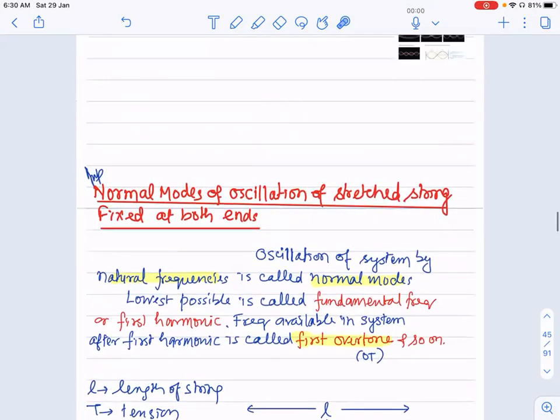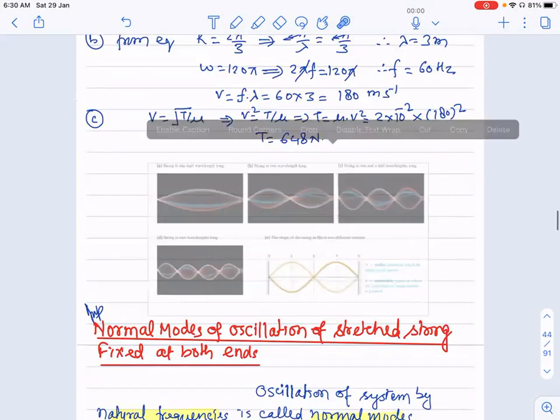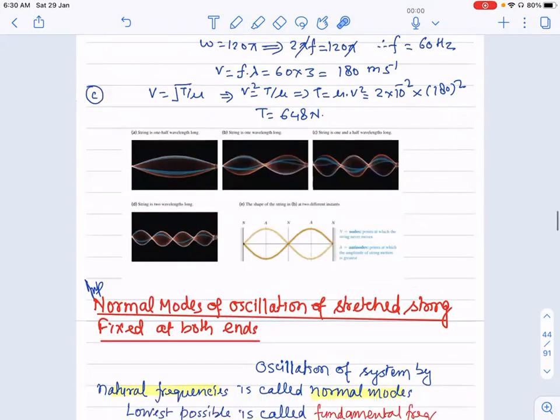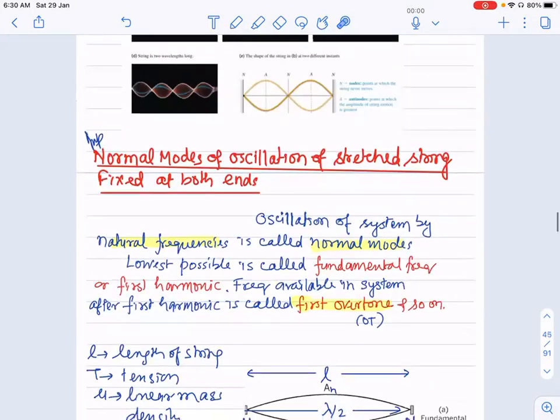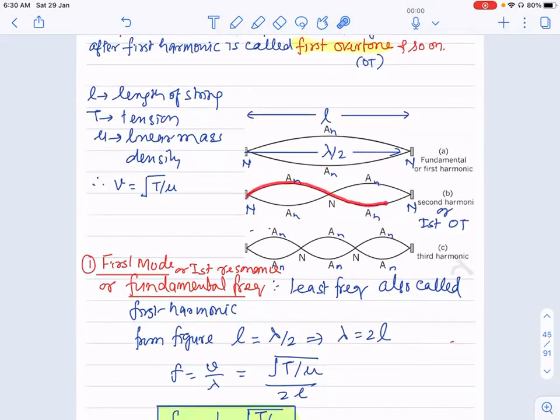If you increase the frequency, this formation will be there. If you further increase the frequency, this formation, 3 loops, 4 loops, and so on. A single loop vibrates like this, and at one point of time it will be like this.